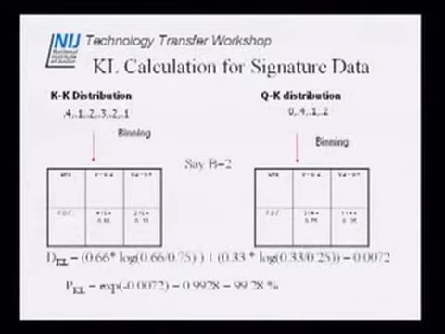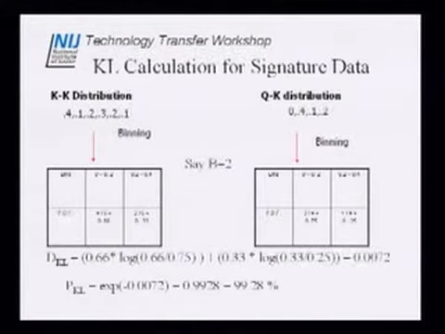Very simple formula. You take your two distributions, bin them, and then use this particular formula, and e to the power of that number gives you, in some sense, the probability that the two distributions are the same. That's what it's telling you.